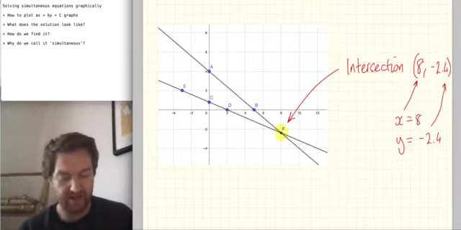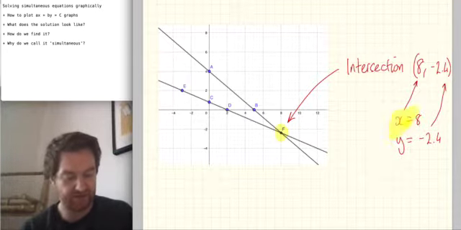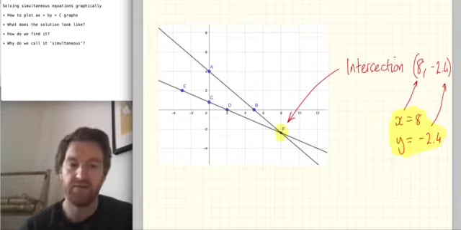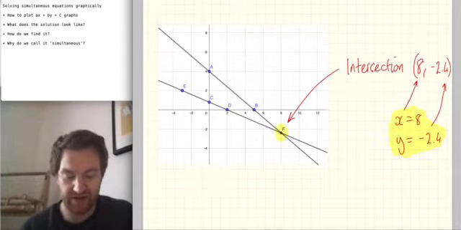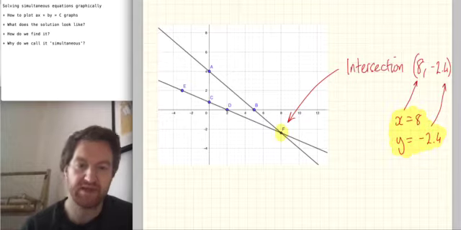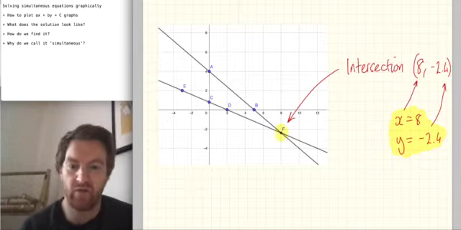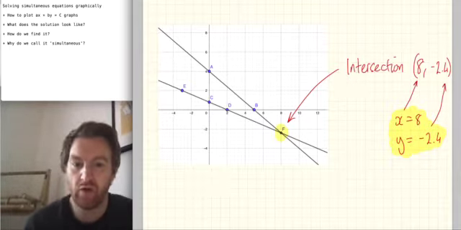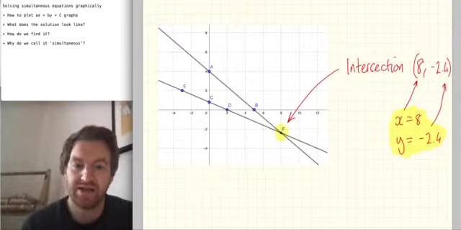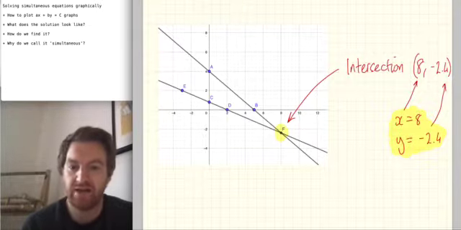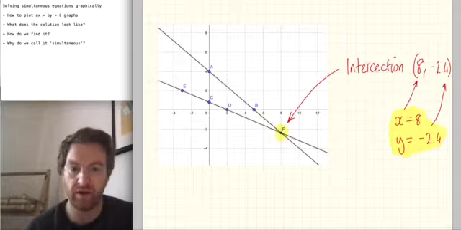Why do we say that this is the solution? Well, if we substitute those values back into the equations, when we use x as 8, y will be negative 2.4 for both equations. It's the only time when the same values of x and y will work for both of them.